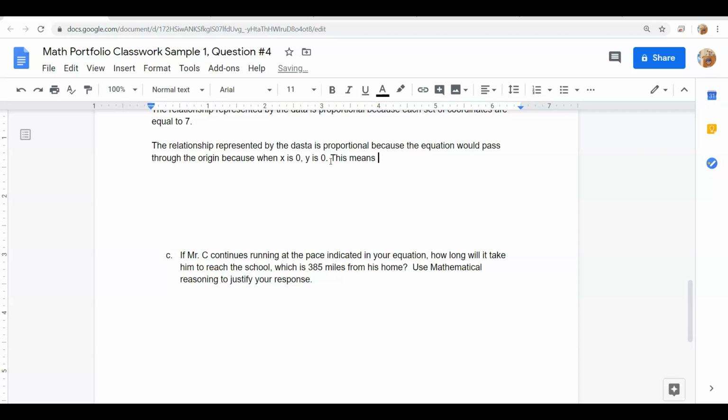This means the line would pass through the origin.